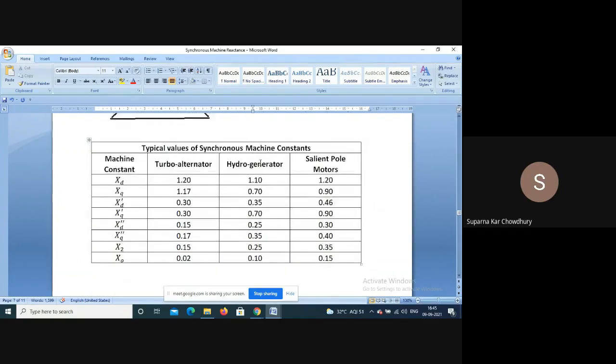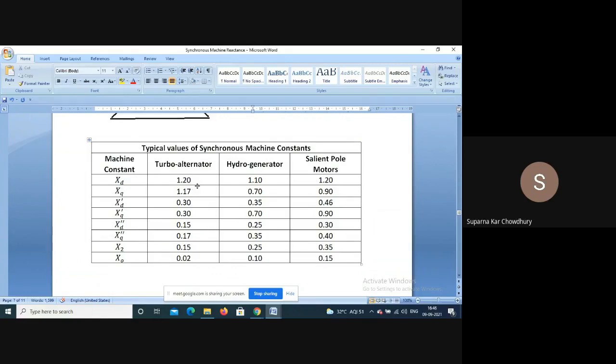Now these are the typical values of the different synchronous machine inductance parameters. It actually depends on the type of machine. For a turbo alternator, which has a cylindrical rotor, Xd and Xq are normally taken as equal to the synchronous reactance, which is not exactly equal, but slightly different.